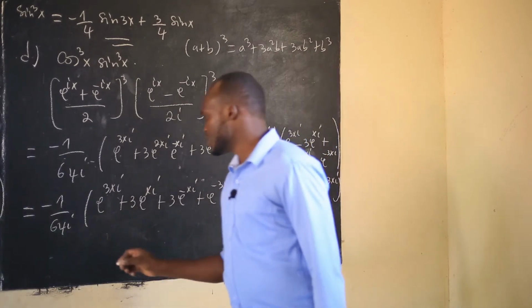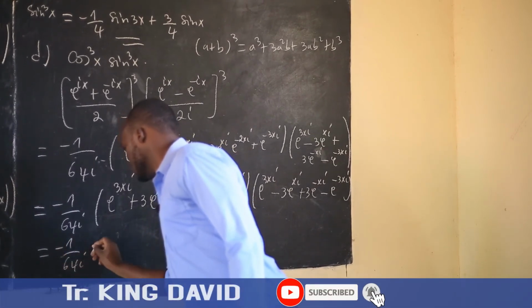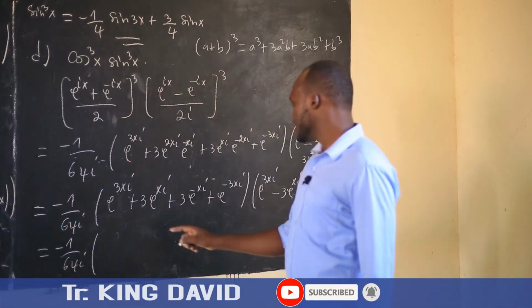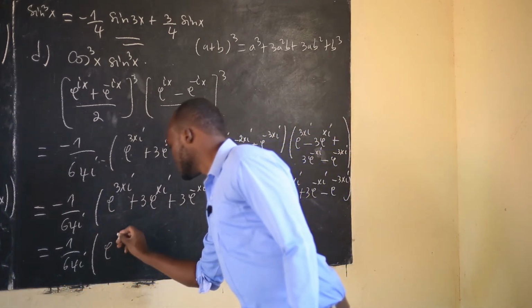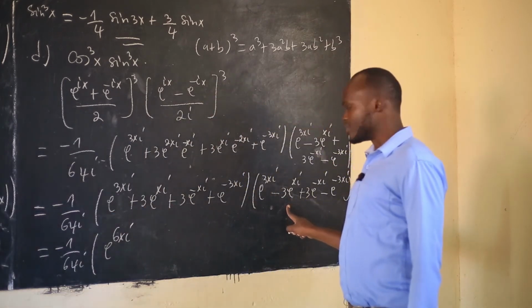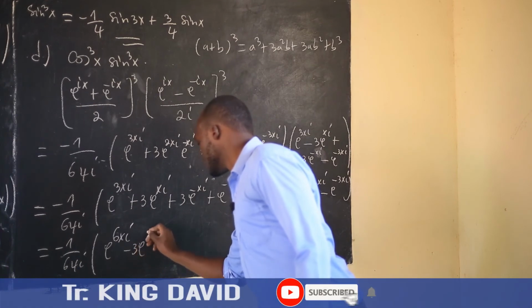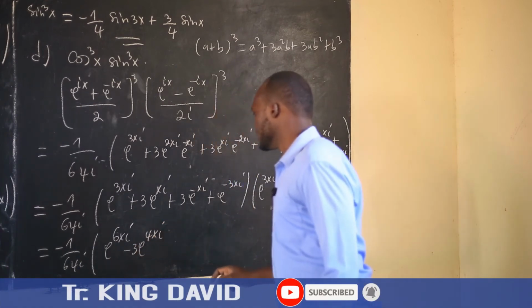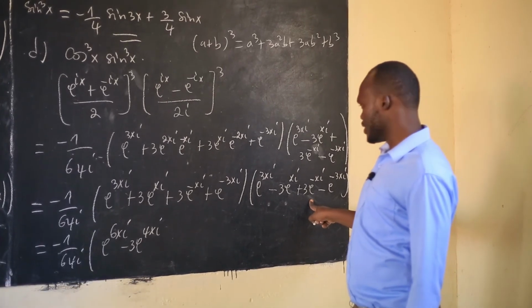So then the answer is negative 1 over 64 into bracket. We're just going to expand. This one times this, that is e^(6xi). This one times this, that's negative 3e^(4xi). This one times this, that is 3e^(2xi).